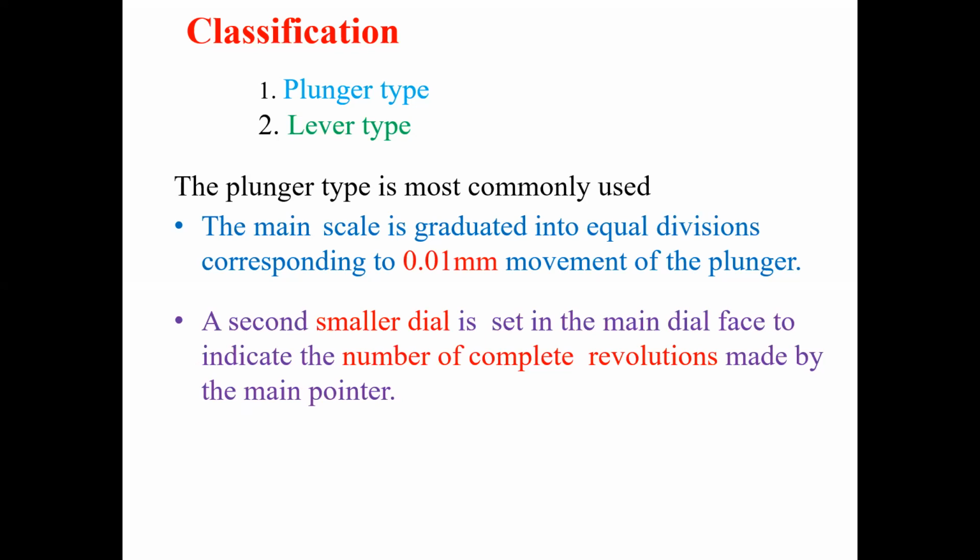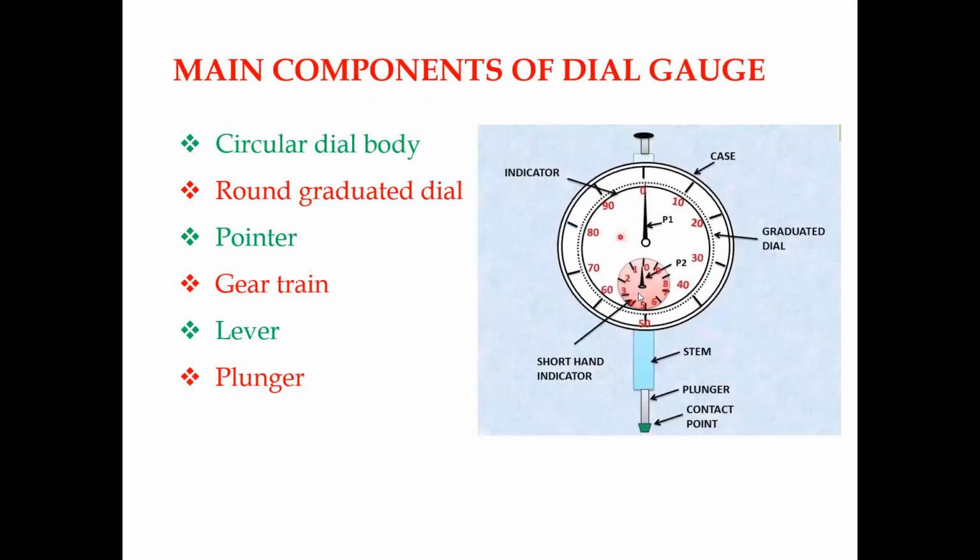What are the main components of dial indicators? Observe here in the picture, inside there is a small indicator dial for the number of revolutions. The plunger has a contact point that comes into contact with the part when the dimensions are checked.